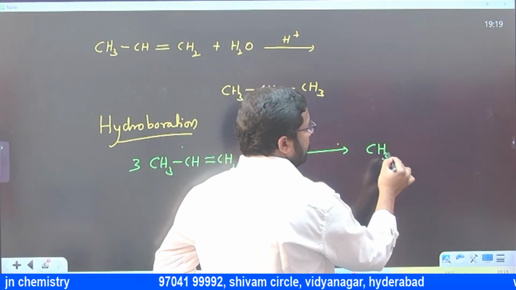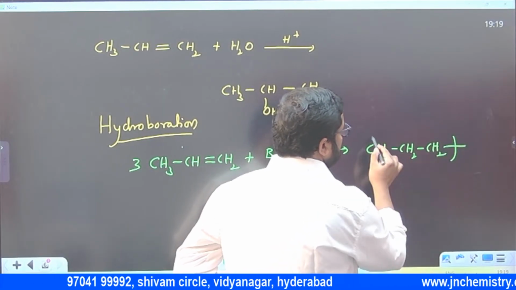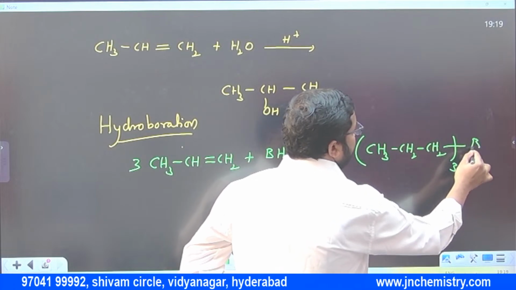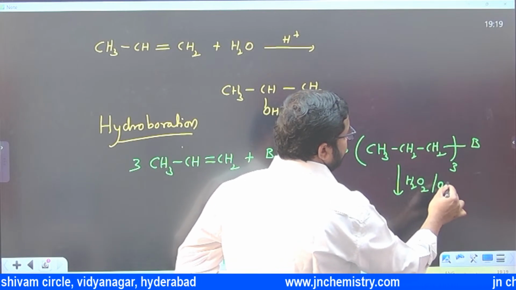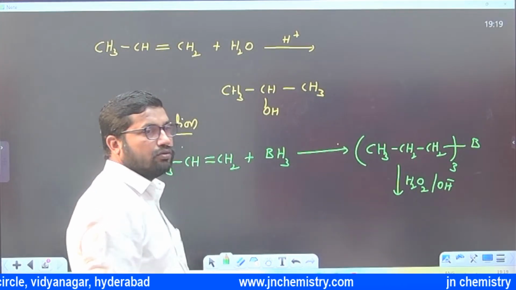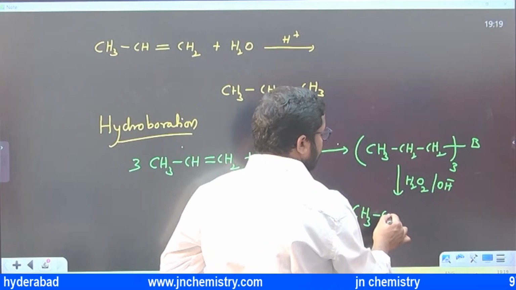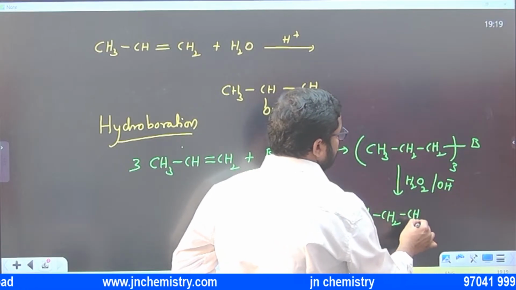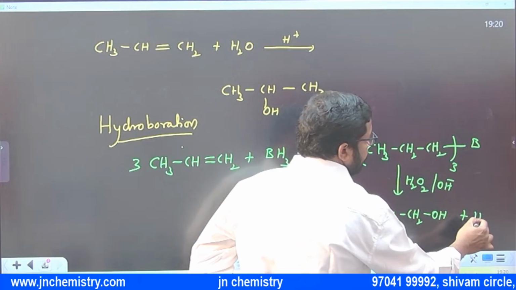CH3CH2CH2 taken thrice on B. After doing H2O2 and OH minus, we can write it in one step also. We get primary alcohol, CH3CH2CH2OH, three moles, plus H3BO3 is forming.